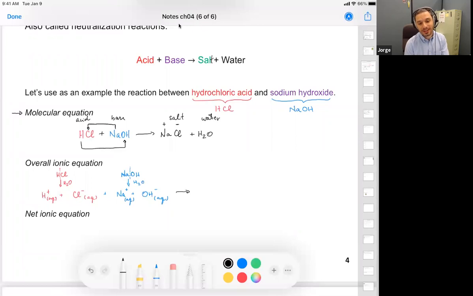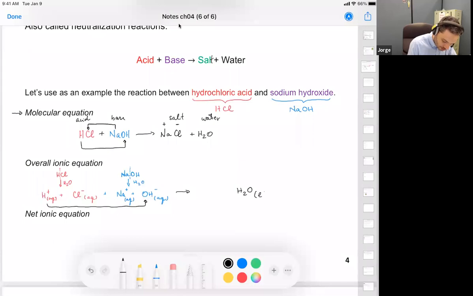And then you do the same thing basically that you did before. So see now here why the hydrogen is going to go with the OH, because we have H plus, OH minus. So positive attracts negative, and that will always form water.